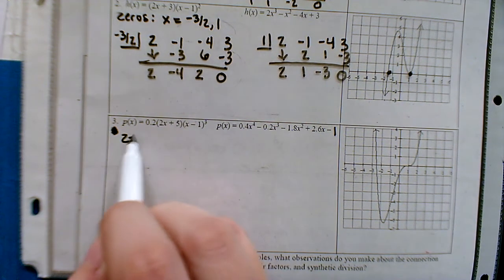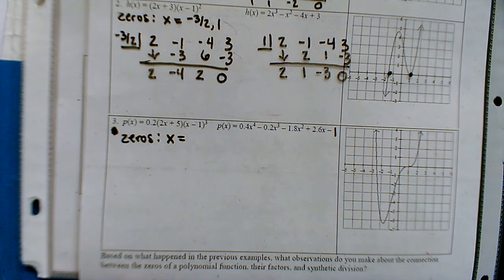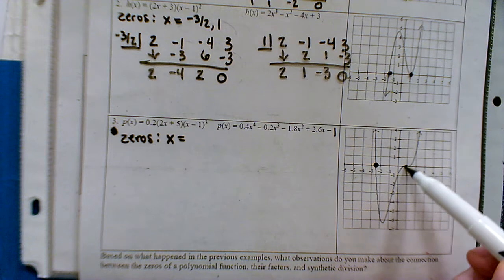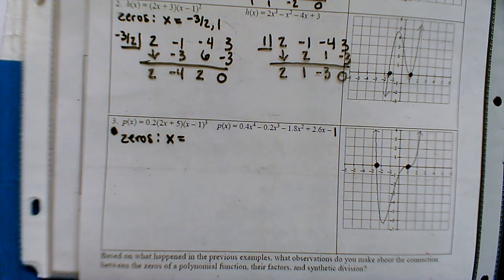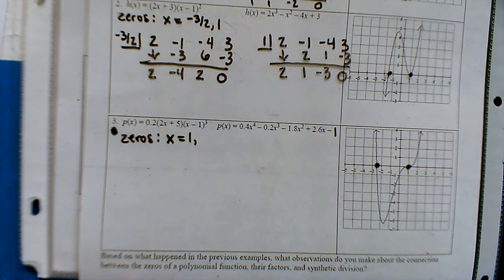All right, so either based off the factors or the graph, where are some x-intercepts? Looks like 1 is clearly an x-intercept based off the graph. What about the other one? Kind of iffy. Looks like negative 2.5.